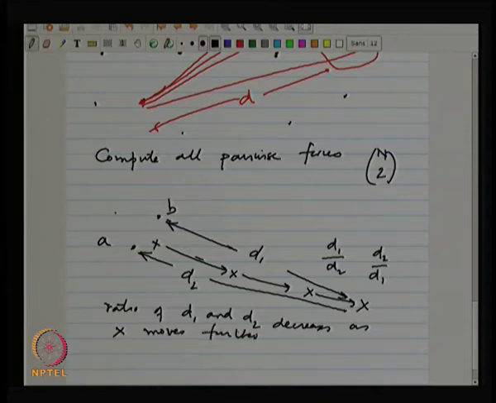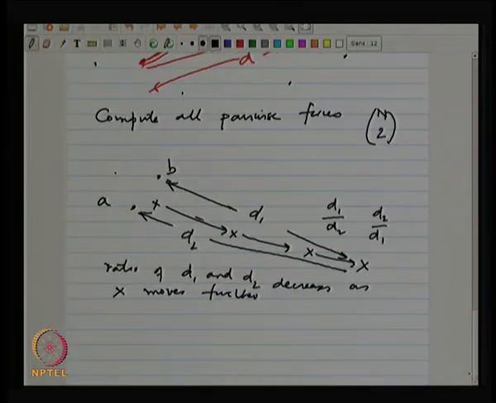In fact, we can even quantify it. Okay. Let us say the separation between A and B is, let us say, t. Okay.